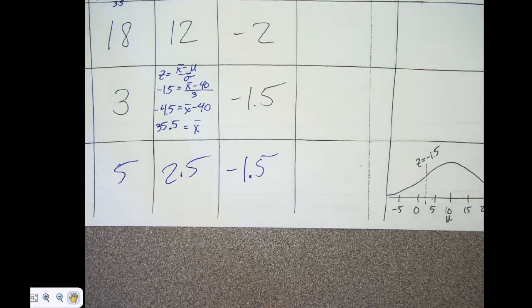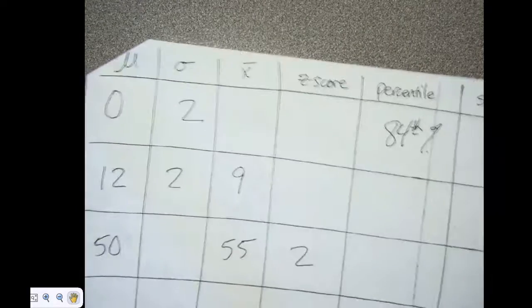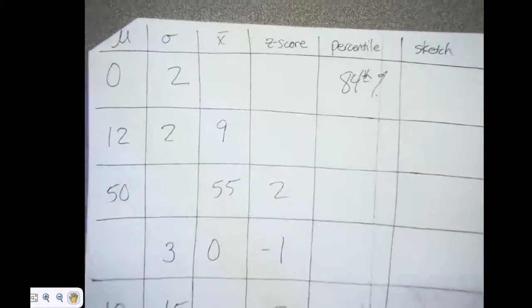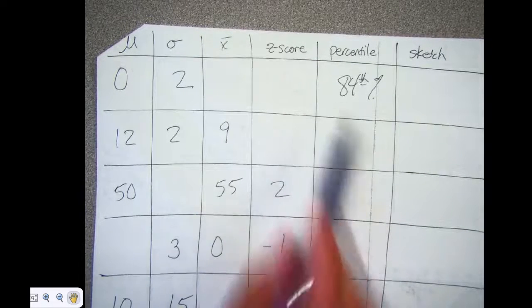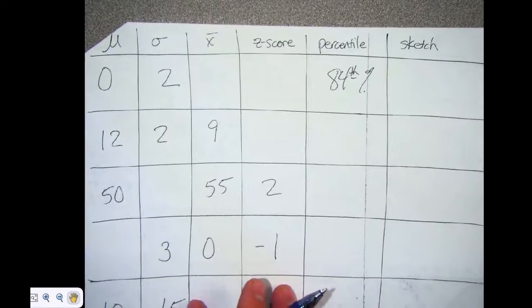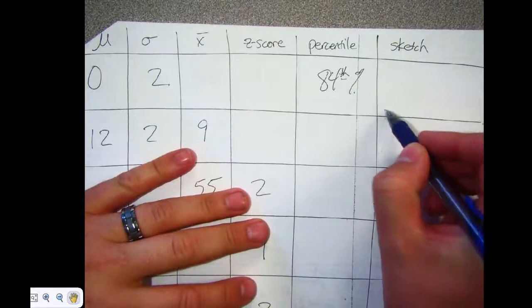One more. This is the newest kind, which is probably the toughest kind, and I can do a couple of these if we need to. So this is the way I flipped it. This is where I'm looking, the 84th percentile. So now you've got to use your brain a little bit. So I might make a sketch first from here.